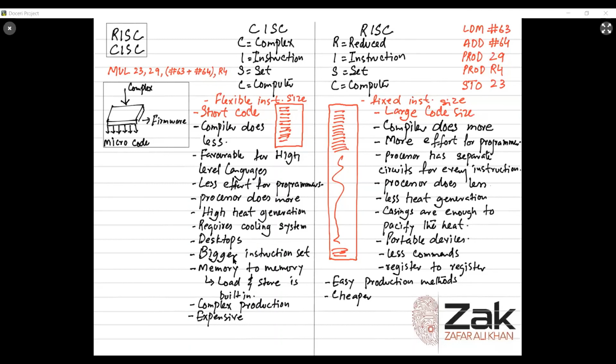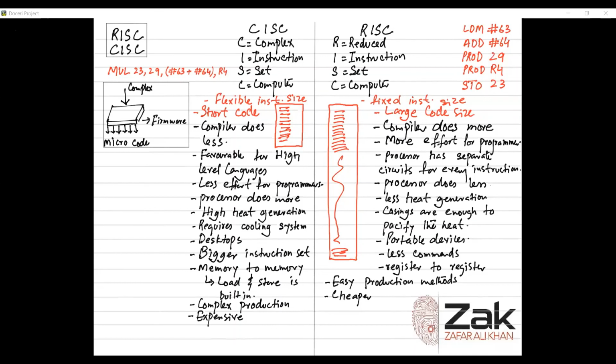Bigger instruction set code means that you have more instructions. You have got so many instructions. And in RISC, you have got reduced instructions, meaning fewer instructions. What does it mean? Pay attention to this thing. This is very important. In CISC, this firmware converts the code to the reduced instruction set code.